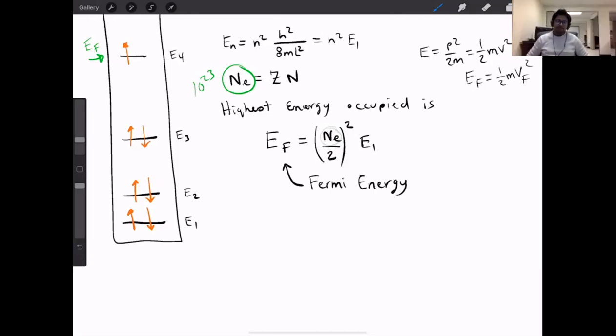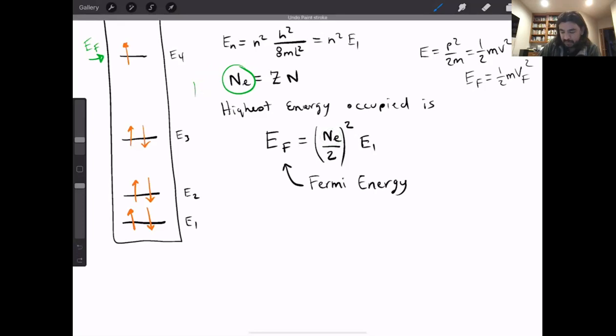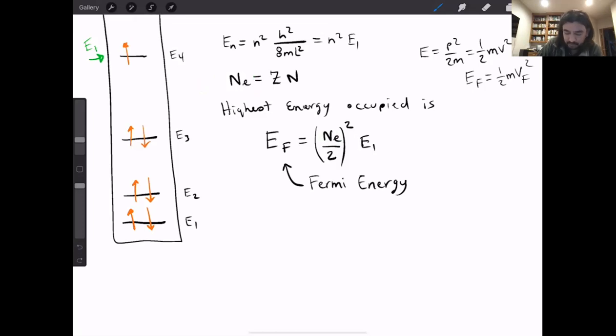When it's very simple, just 7 electrons, then there's a little bit of discrepancy because the Fermi level is right here. Once you get into higher numbers, there are a lot of energy states, so they can be populated all the way. Also, the difference between E4 and E3 is very tiny compared to 10 to the power 23, so it doesn't matter.